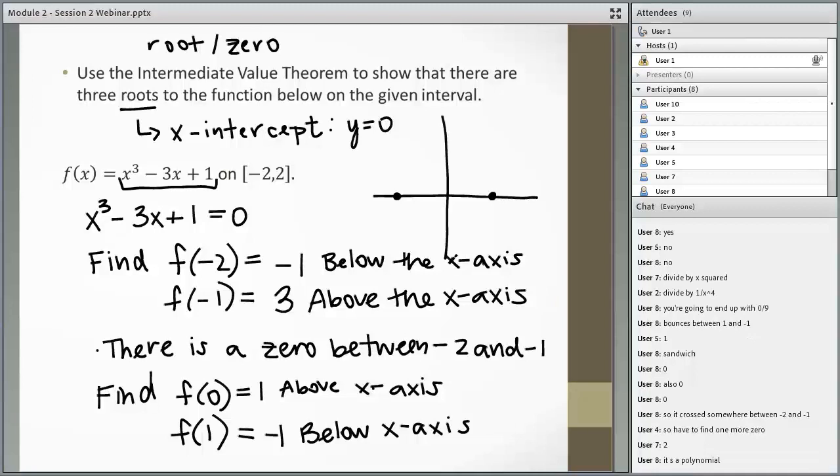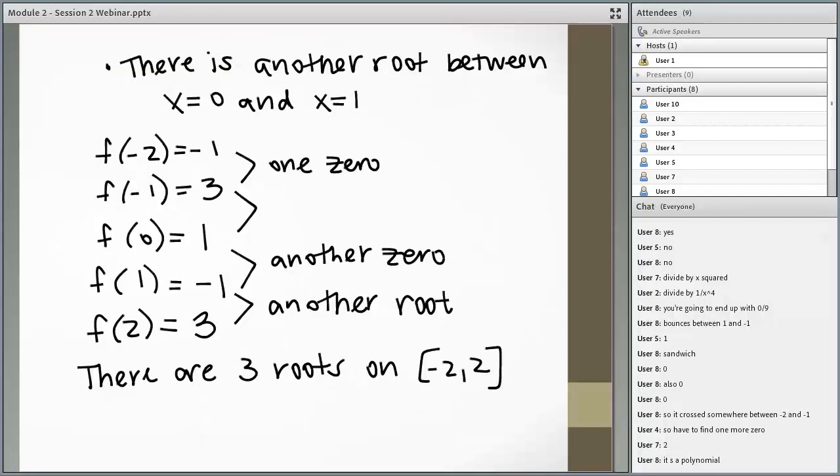So any interval that we would have been given, it would have been continuous. And we could have had a rational function as well. It's just that the interval would not be able to include where the discontinuities are. But we could still use a rational function. And I believe that is it for Module 2.